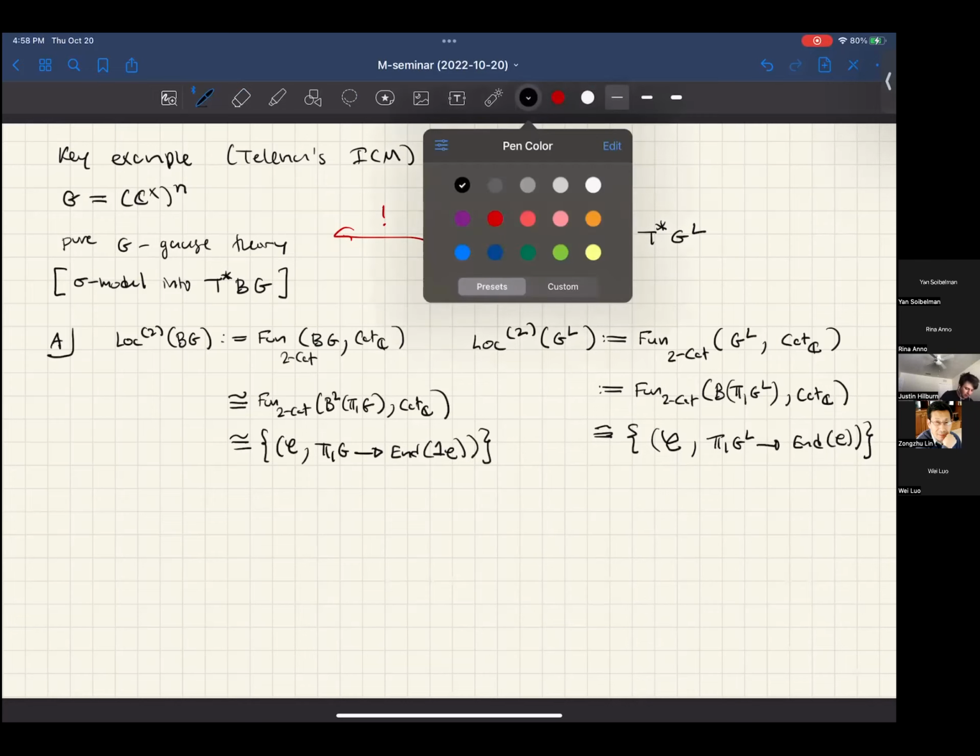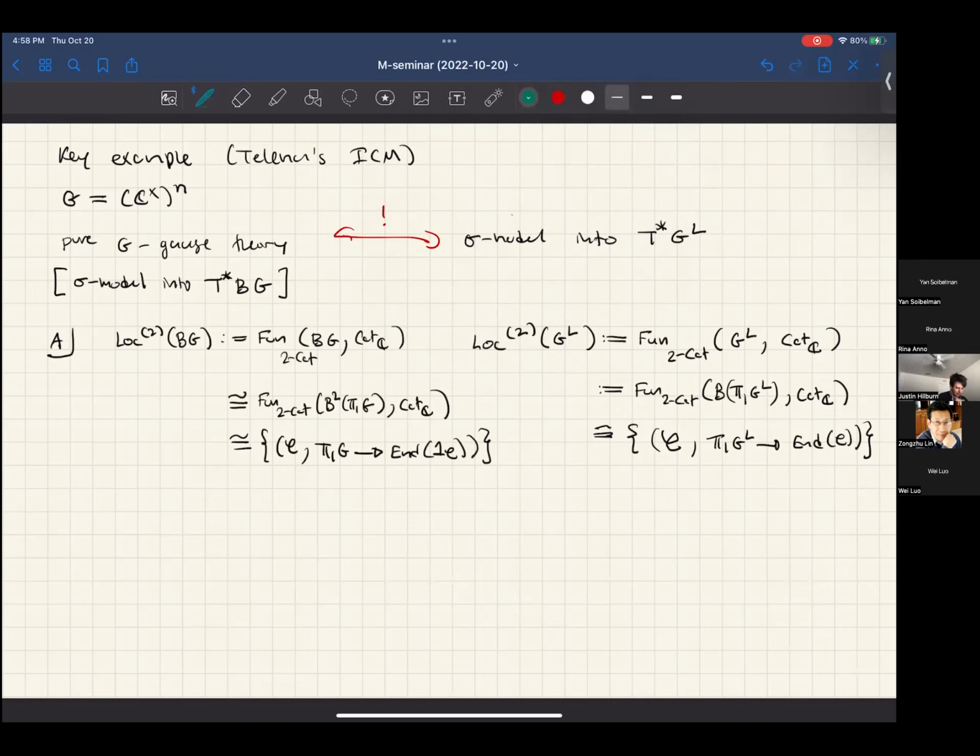Let me say one word. The reason this thing goes to the endomorphisms of the identity is that this object here has only one object and one morphism. And so the unique object is going to C, and the unique one morphism is going to the identity of C. And then now you have a whole bunch of two morphisms, and that's what this map is going to be.